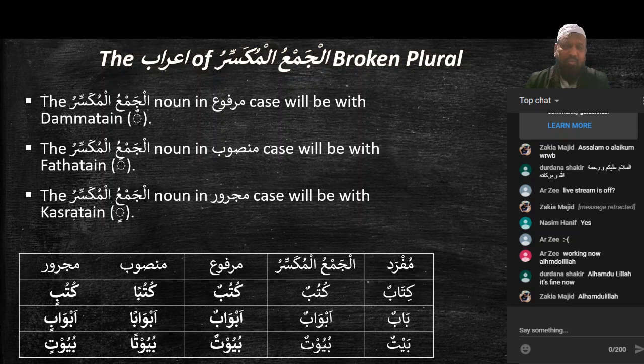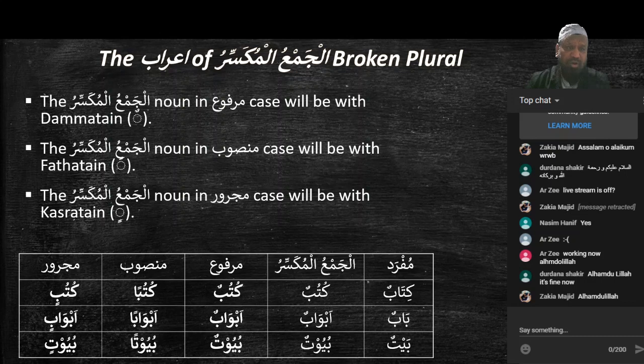So the I'rab of Jam' al-Mukassar is the same as mufrad, because mufrad ism nouns in marfu case are with dammatayn, in mansub case with fathatayn, and in majroor case with kasratayn. So same i'rab for al-Jam' al-Mukassar.